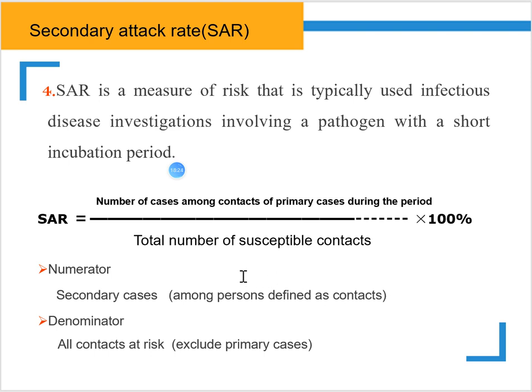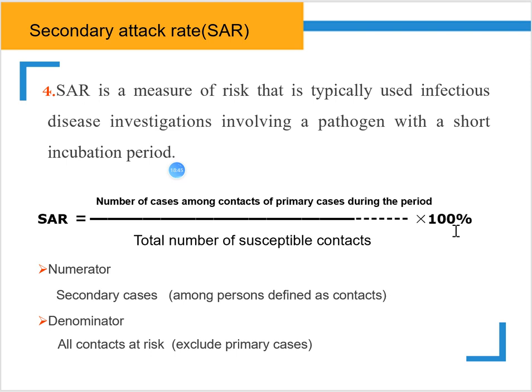The denominator is the total number of susceptible contacts, that is, all contacts at risk, excluding primary cases. K-value is usually 100%.